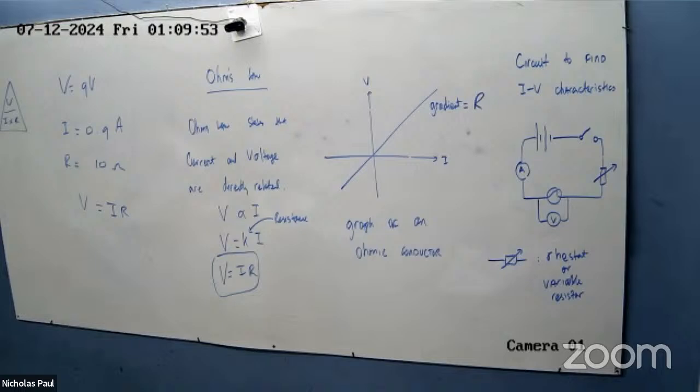This group already has a circuit connected up. The circuit is up, in parallel, and everything is working. The others have to figure out the adjustments. I want to get current and voltage readings here. You don't need a rheostat, this is the adjustable rheostat. By turning this, you can control the current.